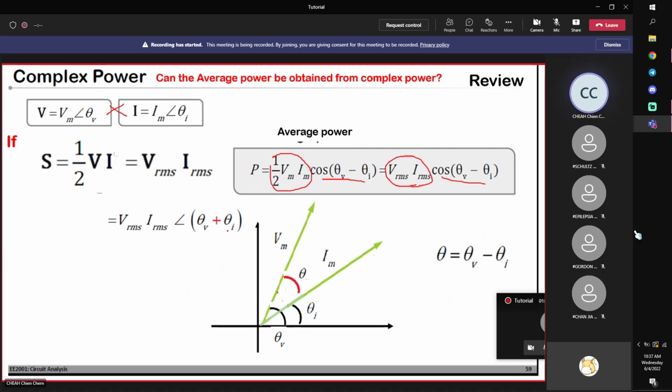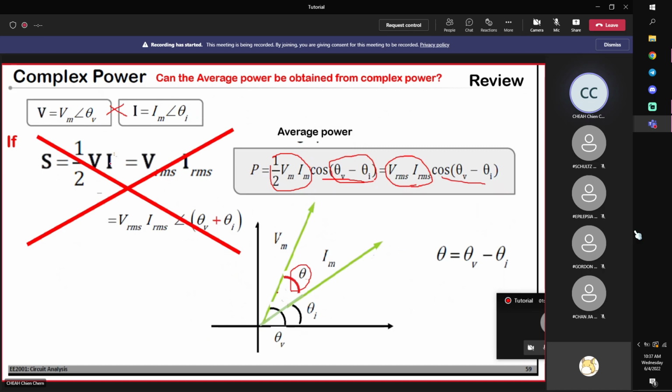So if you multiply these two together, your angle will be theta V plus theta I. But for average power, we need the phase difference between them, not the addition of the angles.